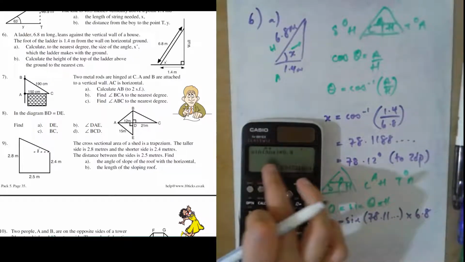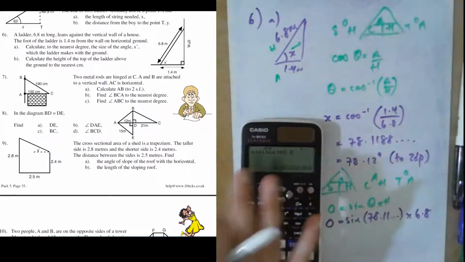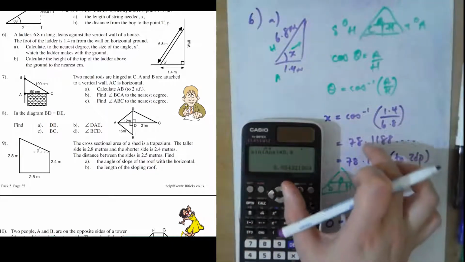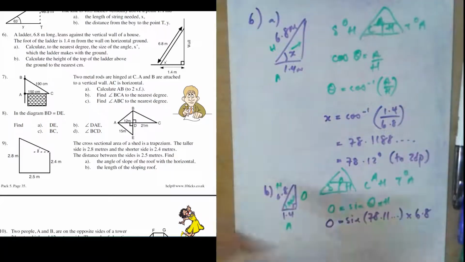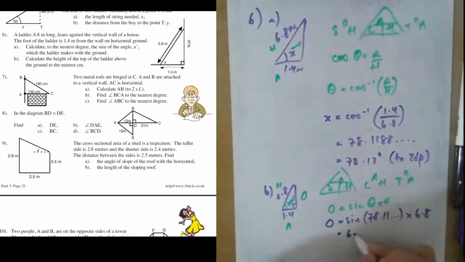So it will look like that and it will say sine answer, but this answer is just this number here, okay? So the answer is 6.65432... Okay, which is 6.65 to 2 decimal places.